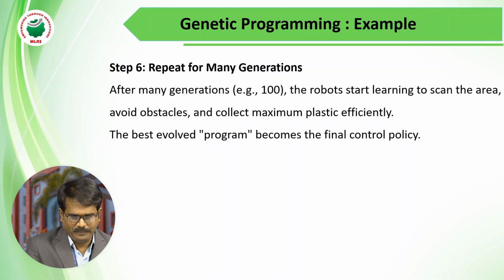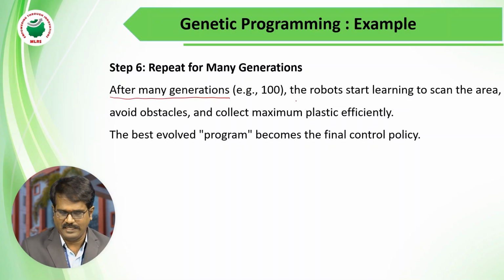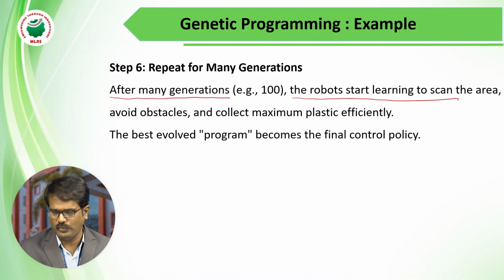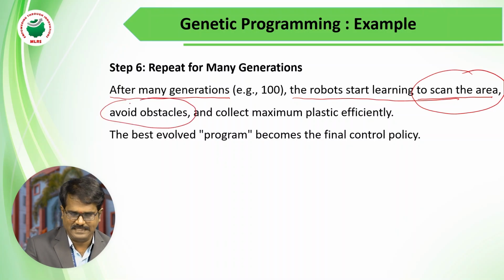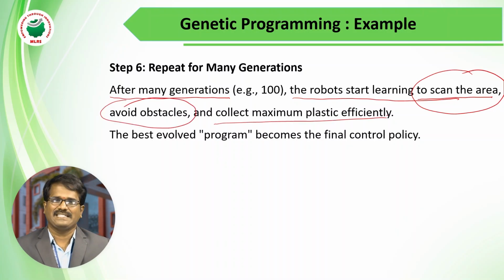After many generations, the robot learns to scan the area, avoid the obstacles and collect the maximum plastic efficiently. With the help of this code, a robot can observe the area clearly, avoid the obstacles while collecting the plastic in an efficient manner. In less time, it will collect more plastic.